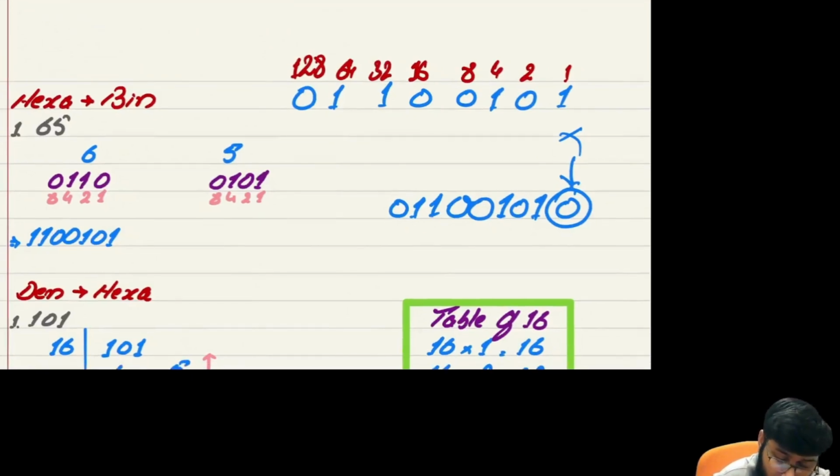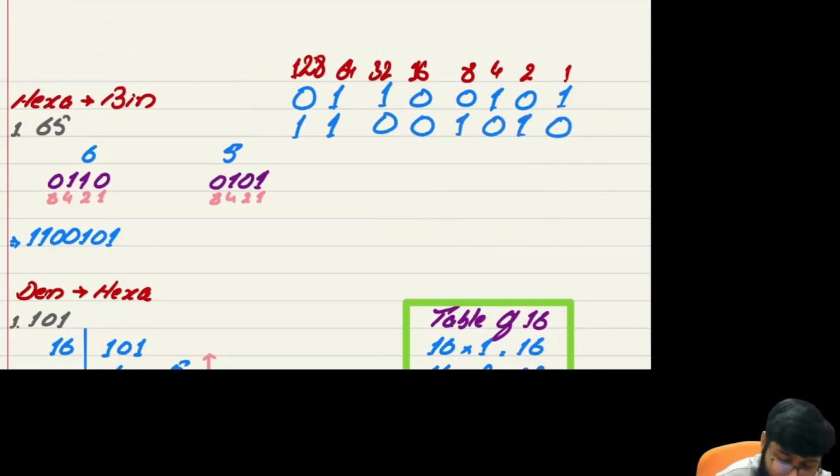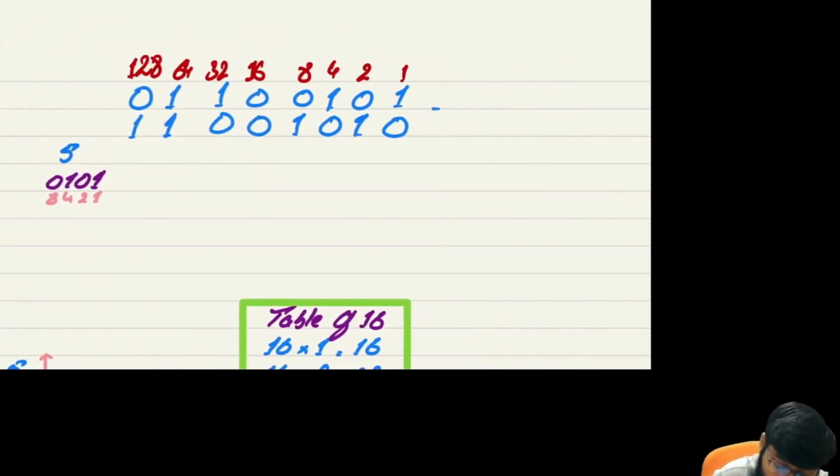Now if I just shift it, or I mistakenly wrote this number in this pattern, 11000101, and place a 0 at the end, what has happened now? The actual number was 101 in the decimal format.